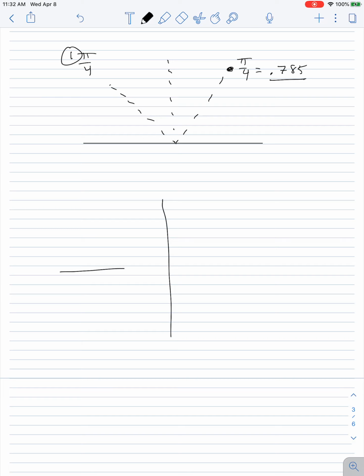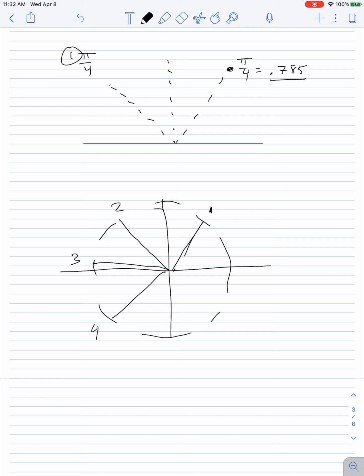Roughly it looks like this. If I've got an XY coordinate system here, and here's my circle, 1 radian is about right here. 2 ends up being about here. 3 ends up being like here. 4, I can't remember which side 5 lands on, but somewhere in here, and then 6.